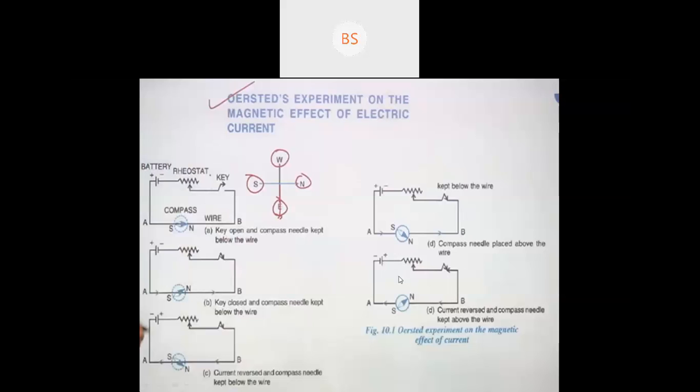So now the fifth observation. What is the fifth observation? You can say the current is reversed, and the needle is kept above the wire only, ma'am. The compass needle is kept above the wire. So again here you can see that the current is reversed.